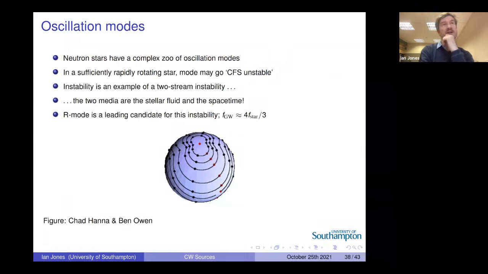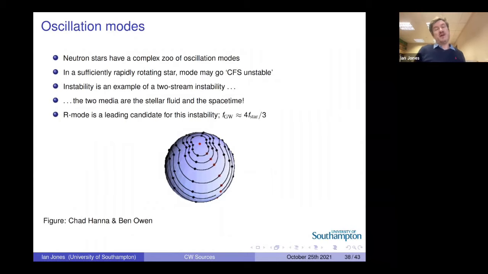If you've got some sort of mode of oscillation like a wave that from the point of view of the sea is moving from left to right, but from the point of view of the atmosphere is moving right to left, you can get this so-called two-stream instability. It's sometimes called the Kelvin-Helmholtz instability in this sort of fluid context, where because of this mismatch, from the point of view of one fluid the oscillation is propagating one way, but from the point of view of the other fluid it's propagating in the opposite direction, the energy exchange between the two is unstable. It's called a two-stream instability.